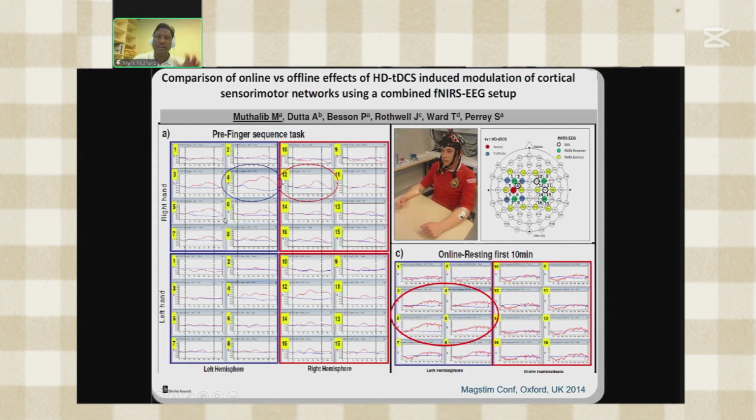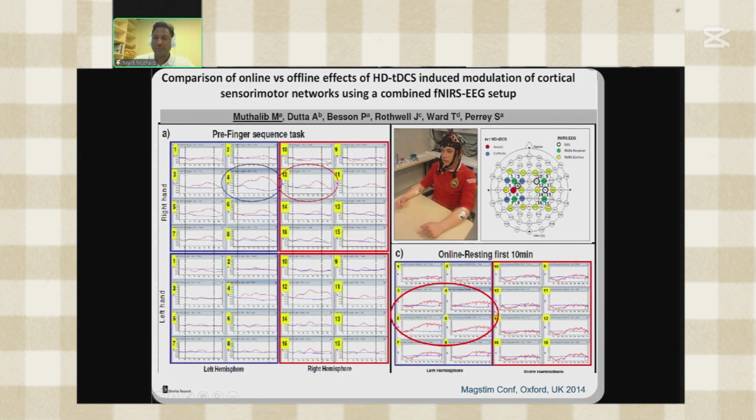So it's a larger response there. And on the opposite hemisphere, we see a smaller increase, so bilateral activation. So this can also be seen in real time. The tDCS system provides these real-time measurements, so you can see these changes occurring quite clearly.